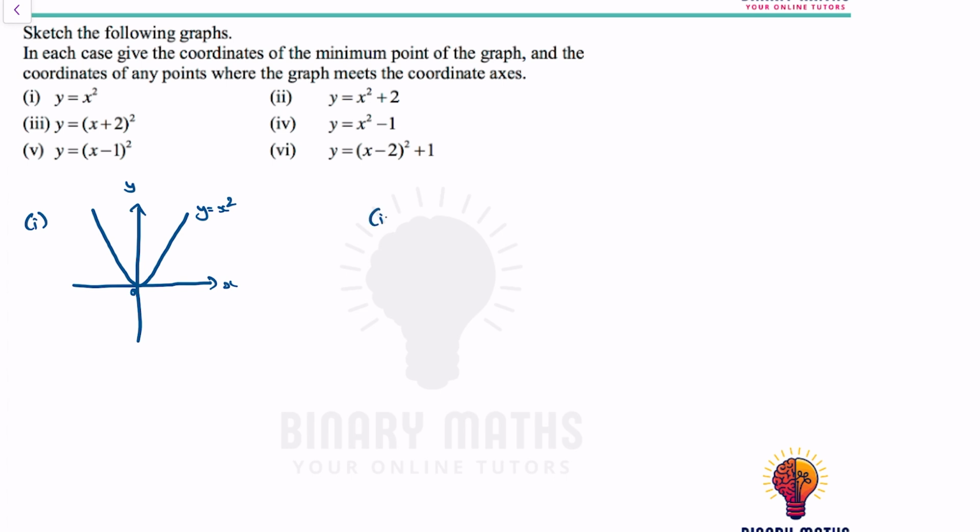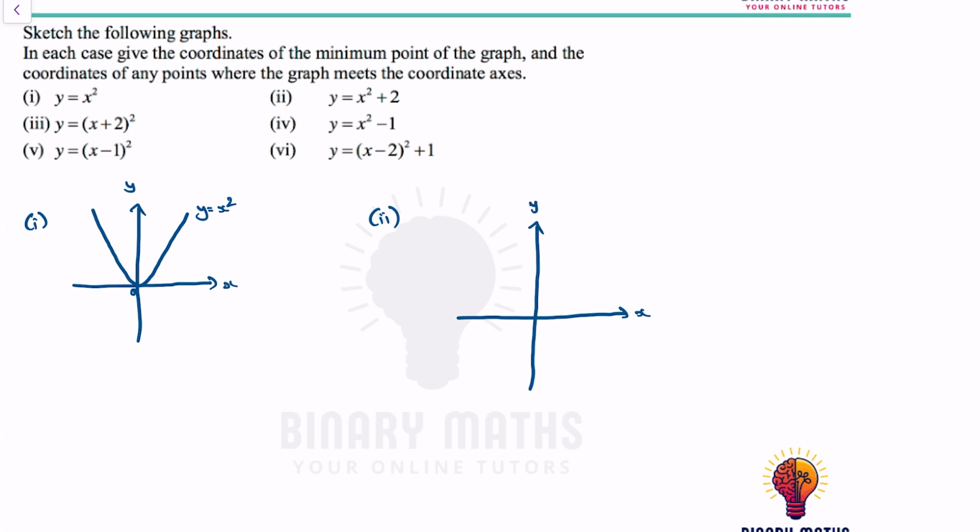Okay, 2. Y is equal to x squared plus 2. If y equals x squared is the original function, and x squared plus 2 is a translation in the y direction by positive 2, which means it's just the original graph translated up by 2.